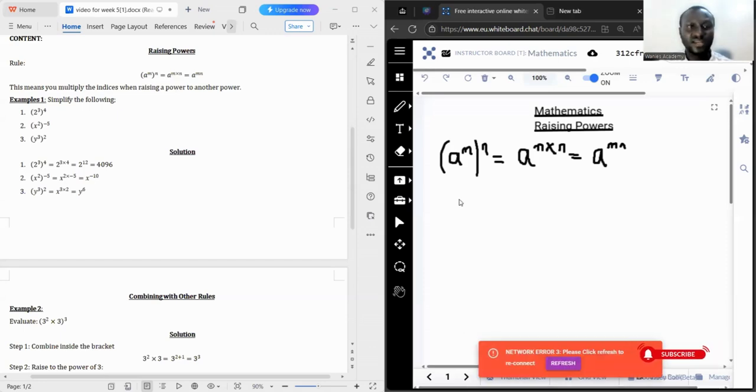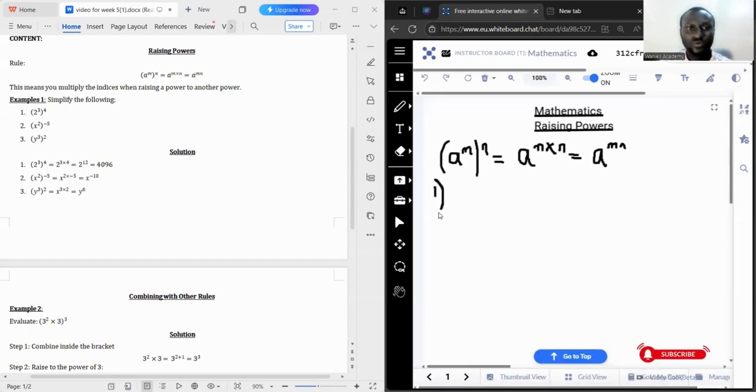Here is example 1. Simplify the following. Number 1, 2 raised to power 3, raised to power 4. As the rule states, we multiply the two powers together. That is, this becomes 2 raised to power 3 multiplied by 4.